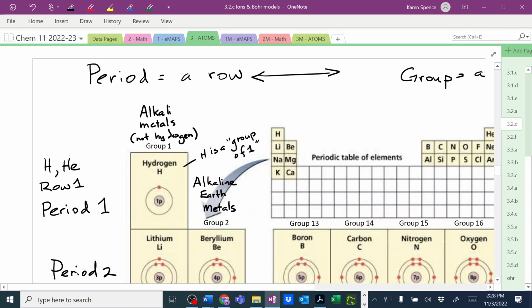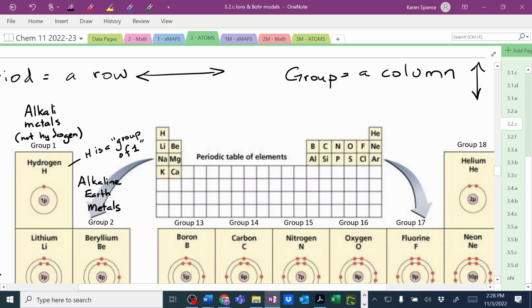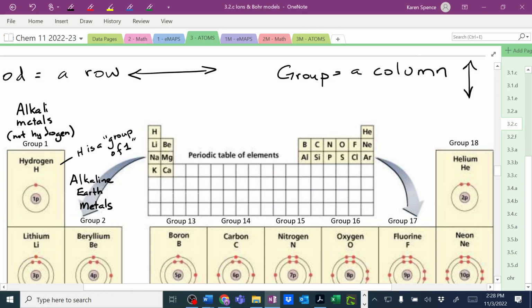There are 2 more groups that have names that we should know. Do you know which ones they are? The halogens, which is group number 17. So we have our halogens. I call them halogens, but either way is okay. Halogens and the noble gases is group 18.